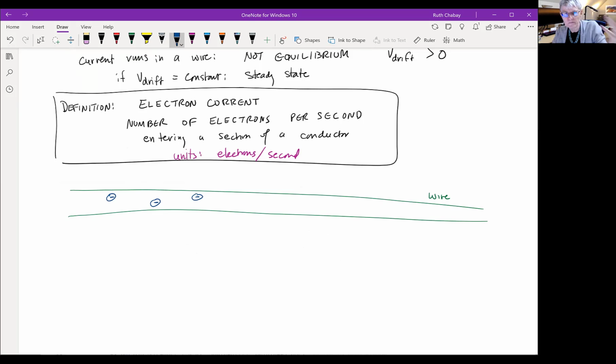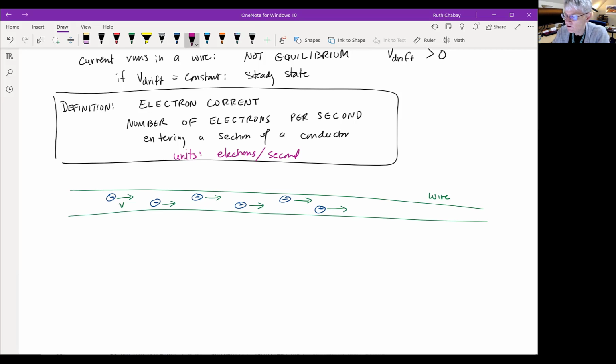Remember that in a metal, every atom gives up an electron to make this sea of mobile electrons that can move. And let's say that they're all moving to the right. So this is V. And here I'm drawing the average drift speed.